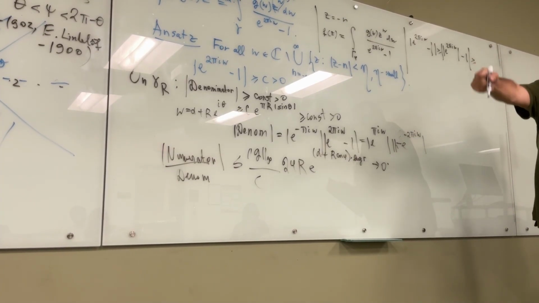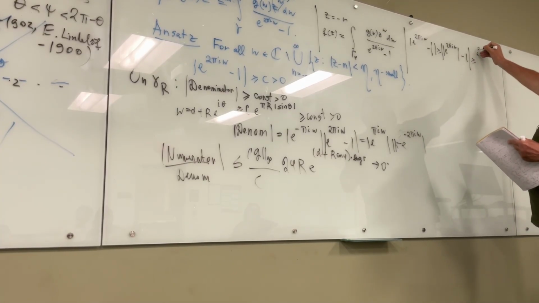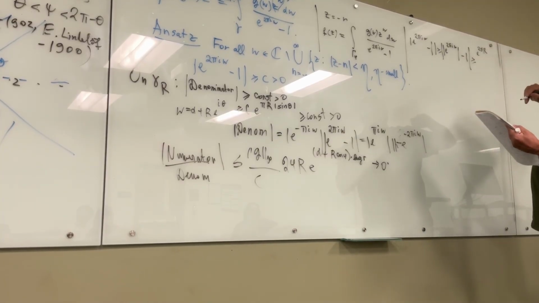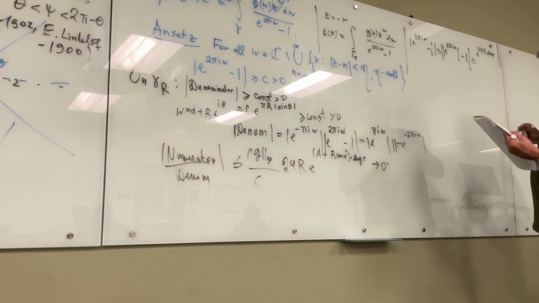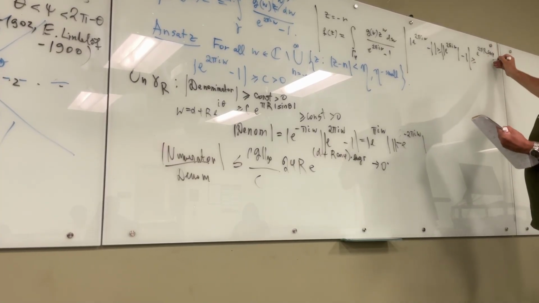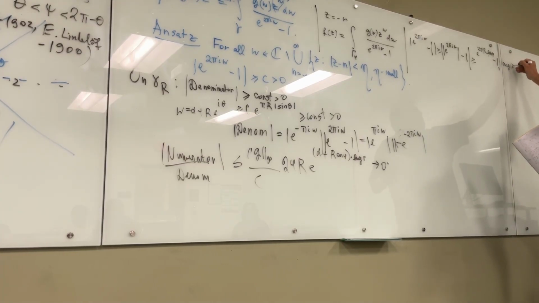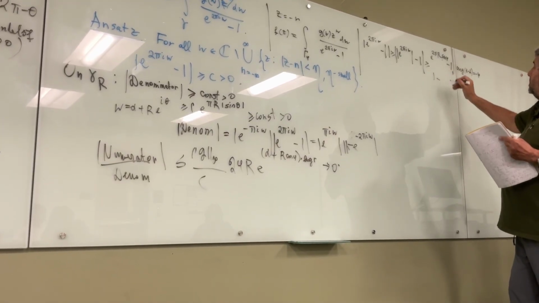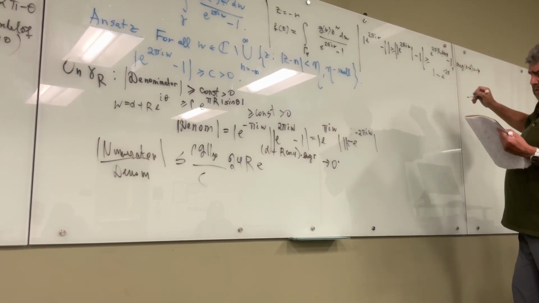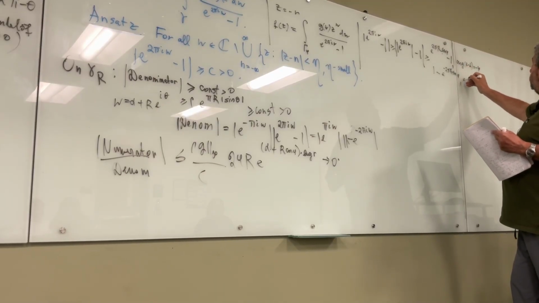That's why you have two sides for the argument of z. One is e to the 2 pi r sine phi minus 1, and that is when the argument of z minus alpha is negative phi. The other is 1 minus e to the minus 2 pi r sine phi, and that's on the other side.